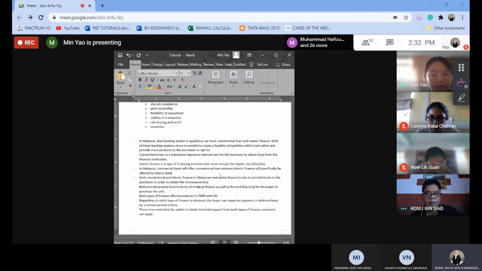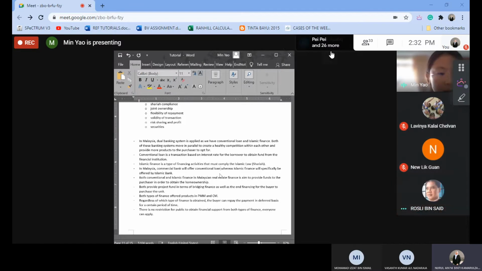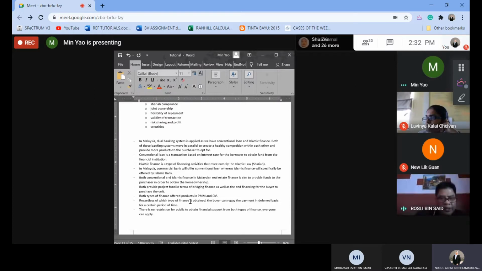It's not like for Islamic, only Muslims can apply. Non-Muslims can also apply for Islamic finance. That's what I meant. But it's not a good idea to use the word restrict. So just say that it's open to everyone. Okay.